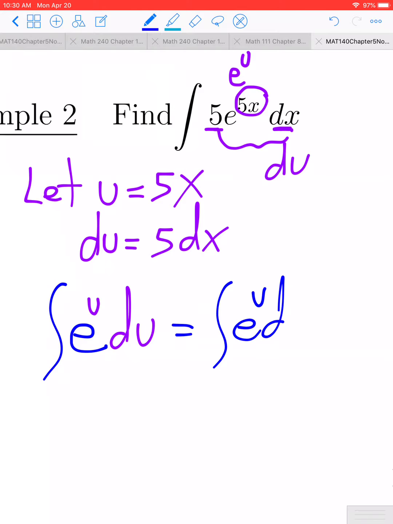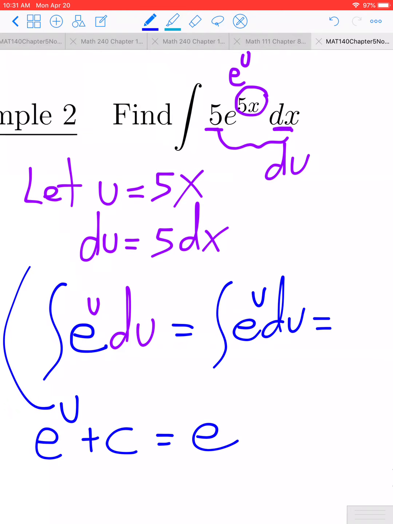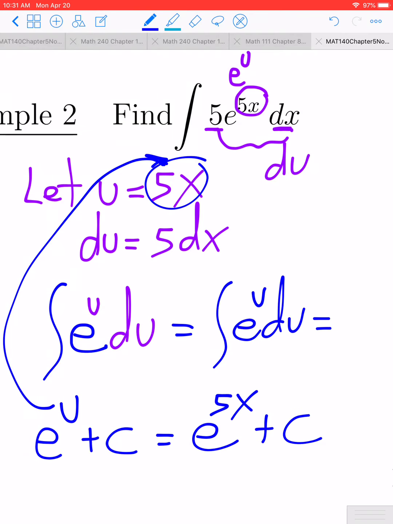This is an elementary antiderivative. We know that the antiderivative of e to the u is e to the u plus c. And then for our very last step, we just have to back substitute. Everywhere I see a u, we can replace it with 5x. So our final answer is e to the 5x plus c.